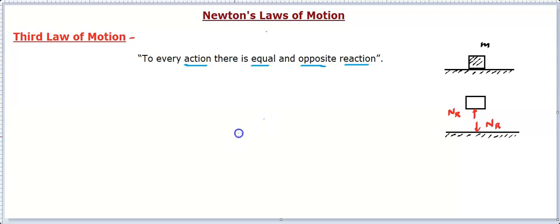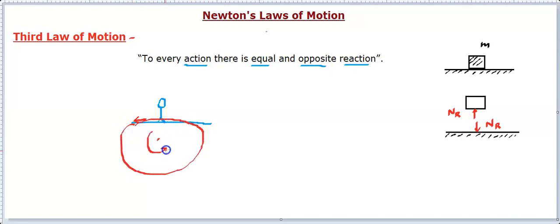In fact, an important example is when you walk on the ground. Let's say this is the ground you want to walk on. You observe your steps, right? What do you do? You push the earth in the backward direction. This is the force applied by you on the earth. And if the earth was not so big, then you would find it rotating faster.